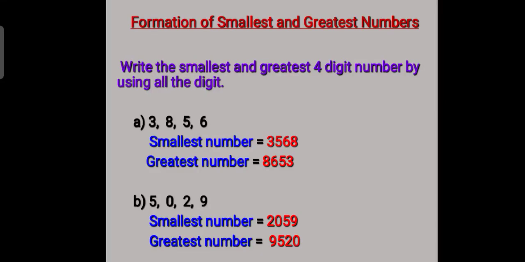So we get the smallest number, that is 2059. Now to form the greatest number, we arrange in decreasing order. So we arrange the digits as 9520. Thus we get the greatest number 9520.